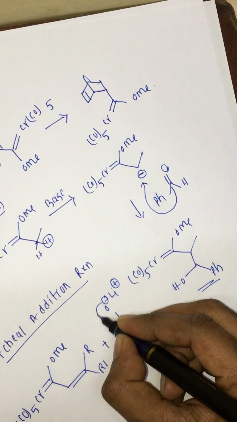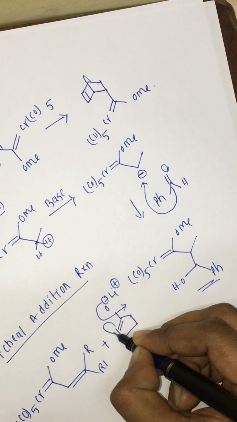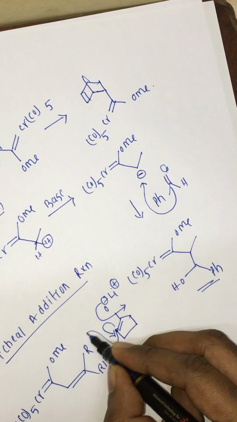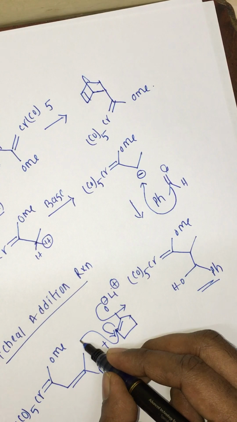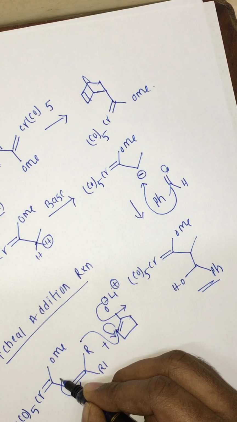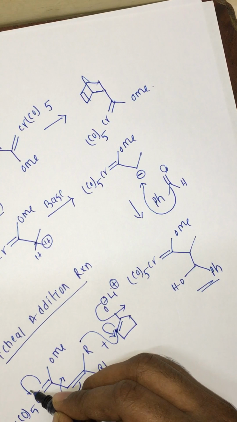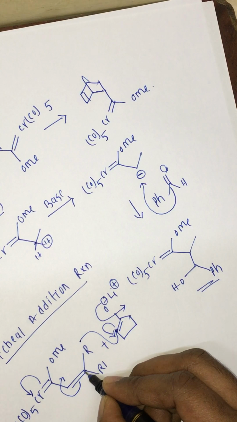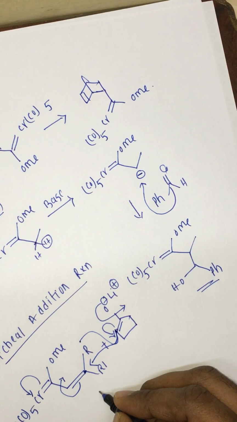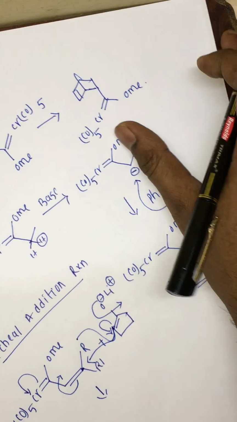So this bond comes like this, and this will become a negative charge, and here this is the nucleophilic center, and directly this nucleophilic center goes and attacks, and this polarization will be like this. This goes here, this comes here. So now there is a positive charge here, and this negative charge comes and attacks this carbon.